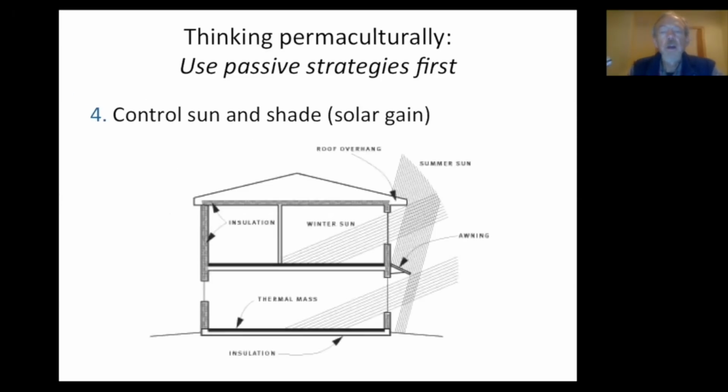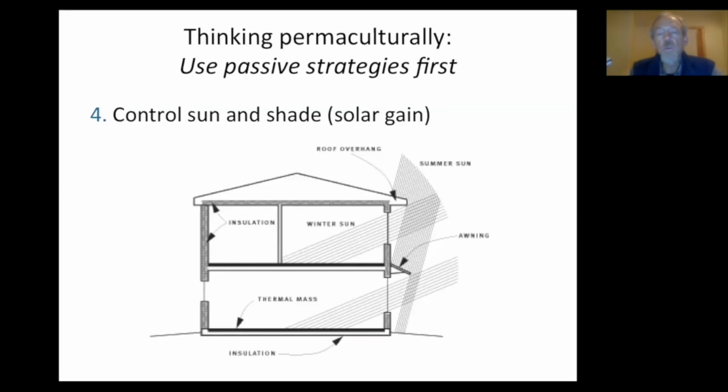And then this idea of controlling the sun or the shade. Here's an illustration showing a roof overhang. If you've got the right size roof overhang, it'll block the summer sun so you don't get heat in your house during the summer when you don't want it.